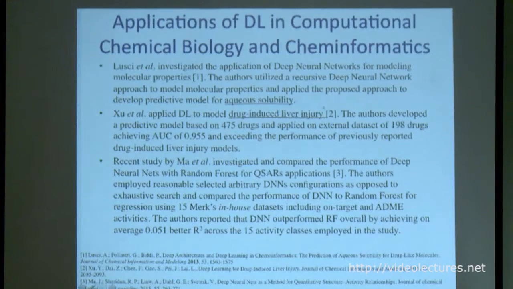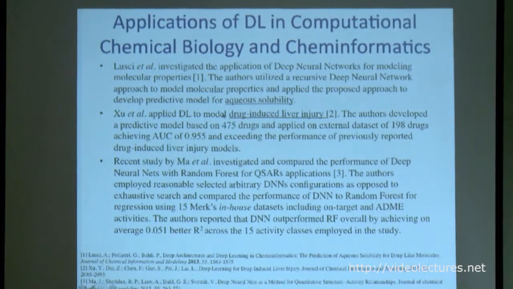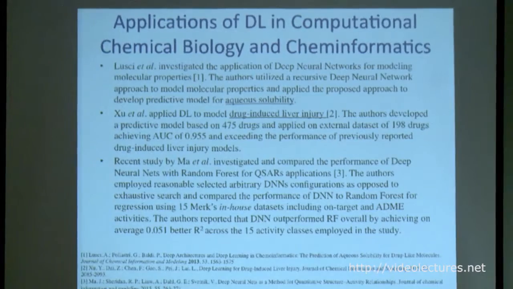Here I list a few recent papers using deep learning to help drug discovery and drug development. For example, there are people looking at the solubility of the chemicals. They're also looking at side effects, and at drug-induced liver injury. That's one of the major concerns for any drug development, to see whether they damage the liver. And there are other types.